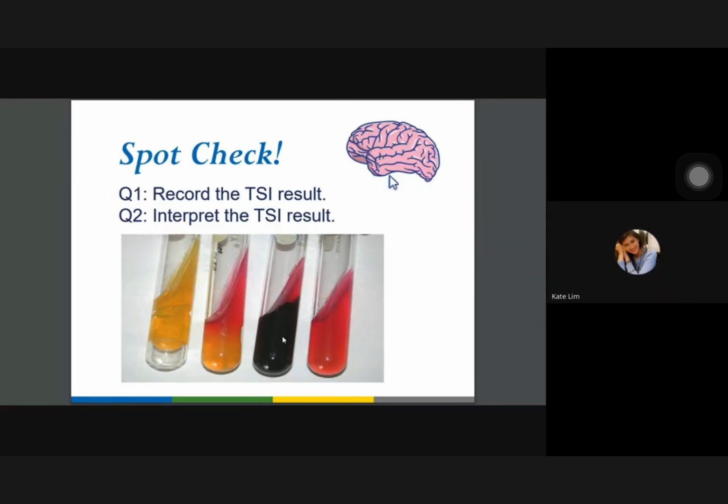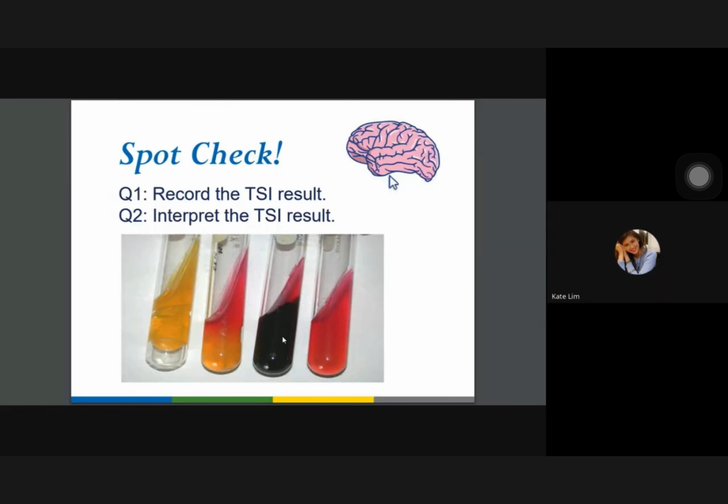How about the fourth tube? For the fourth tube, you could see here that the slant would be K over K, so there's no change of color. An alkaline environment tells you that no fermentation is taking place.